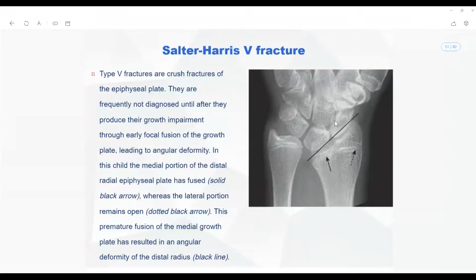Now if this is fused completely, that's the reason they will be fused early and permanently, because the zone of calcification is completely competing with the zone of ossification. So there will be complete ossification at an early stage itself, and finally it will settle in this deformed form. That's the reason you can see an angular deformity of the wrist joint.